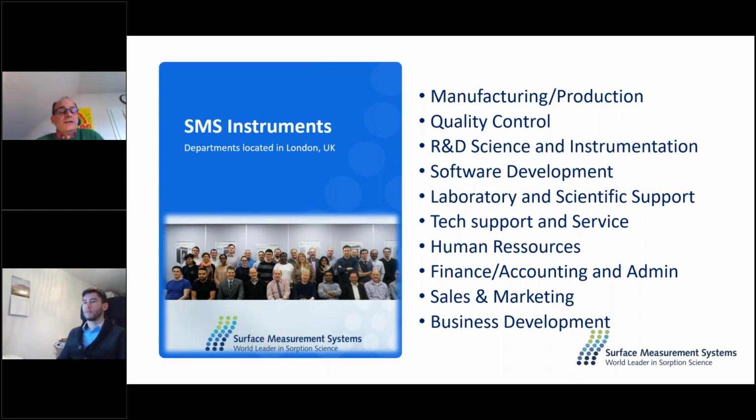Software development is in-house at Surface Measurement Systems, to have a perfect software to control the instrument but also to analyze the samples. Laboratories and scientific support, that's what we can provide you, as well as technical support and service. Internally, we have other departments: human resources, finance, and, as a link to you, sales, marketing and business development.